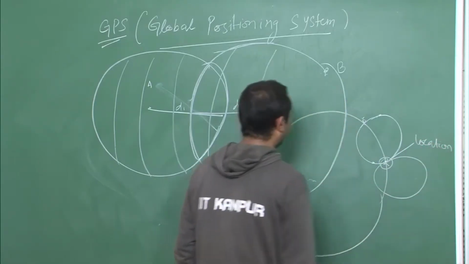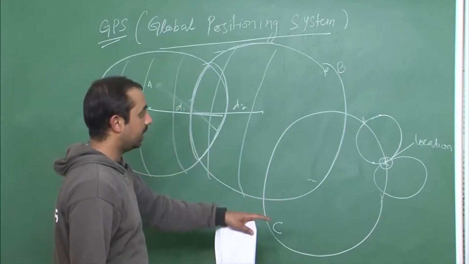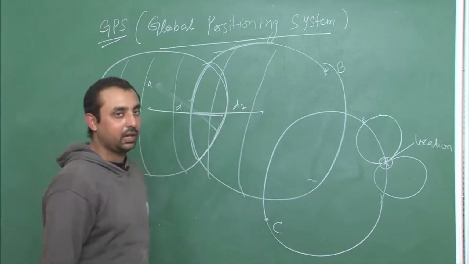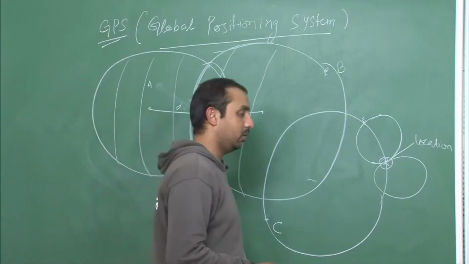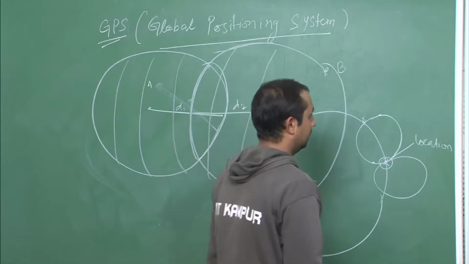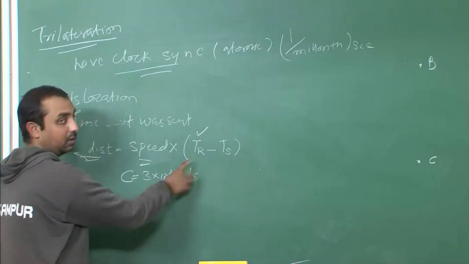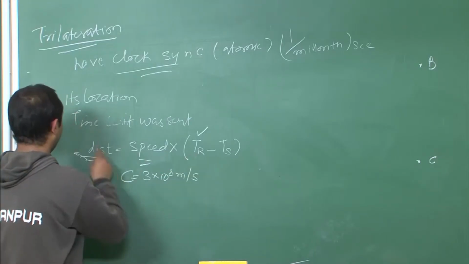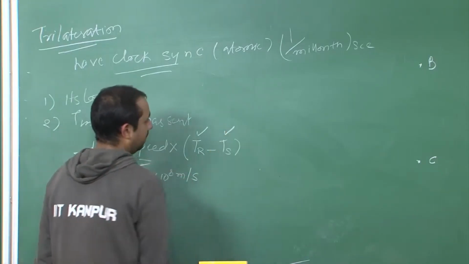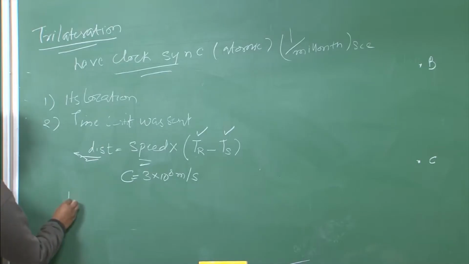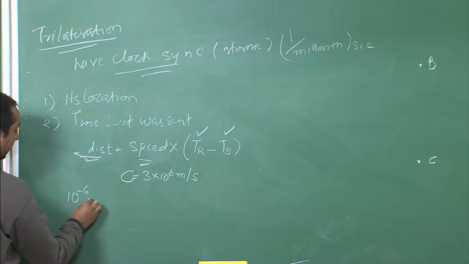Now you know this is the time at which the receiver got the signal, and this was the time at which the satellite sent the signal. Even a small delay of 10 to the power minus 6 second will result in 3 into 10 to the power 2, that is 300 meters, of error.